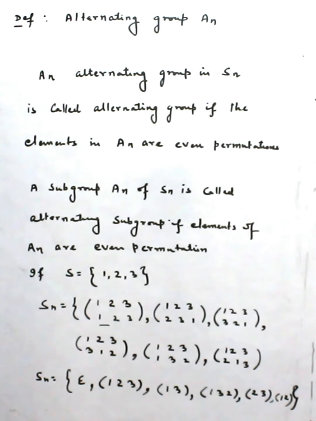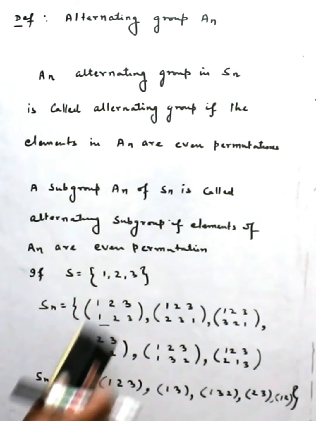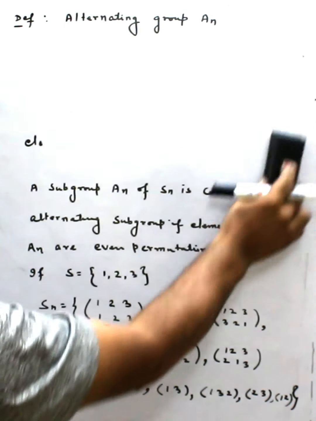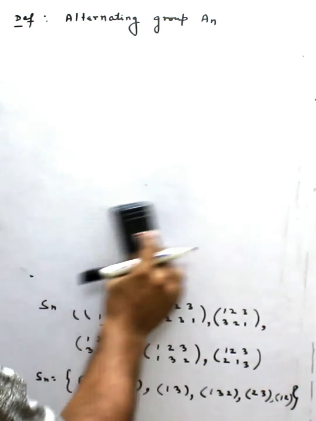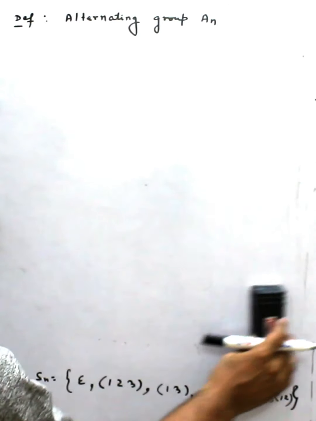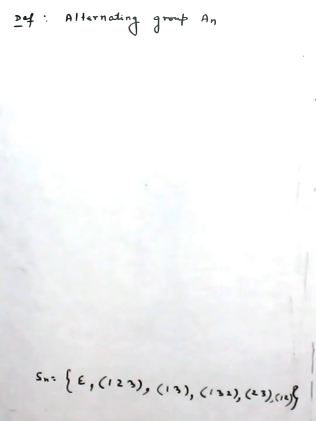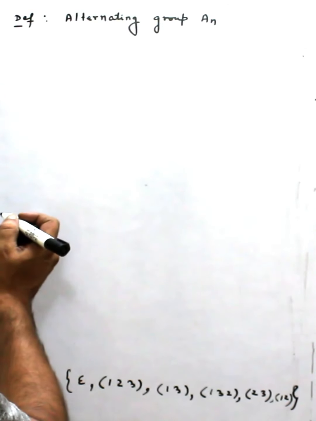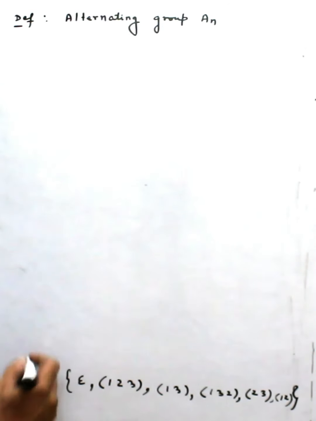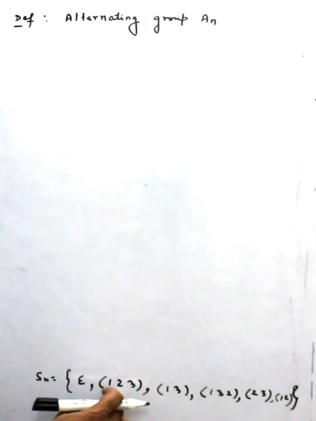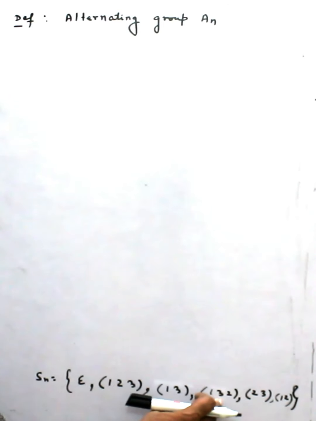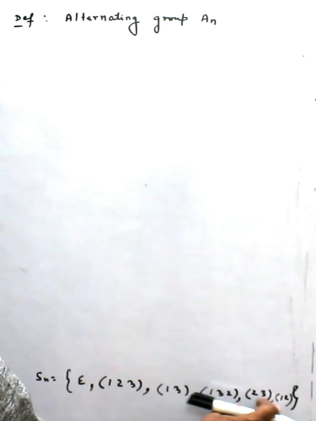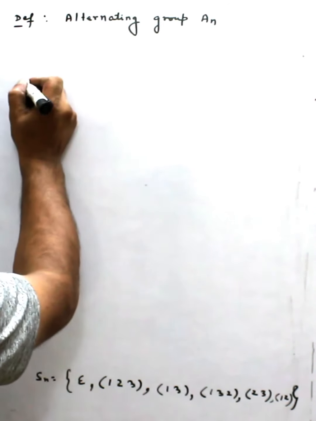Now in Sn we check the odd and even permutations. In Sn, we also write identity like this. If I write in terms of cycles, obviously it is 2, this is 1, this is 2, this is 1, this is 1. So what is An?